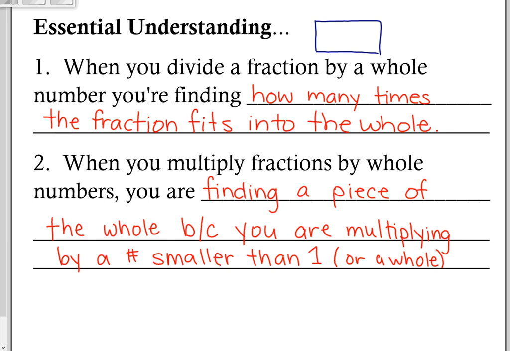Remember, the word into represents division. So if I'm going to take this whole and I'm going to divide it into thirds, so 1 divided by a third, how many pieces did you divide it into? 3 pieces. Okay?